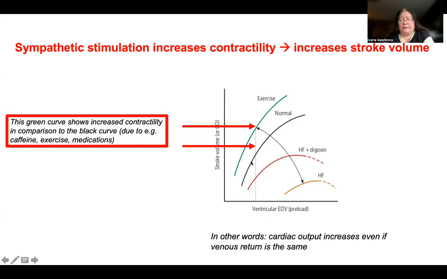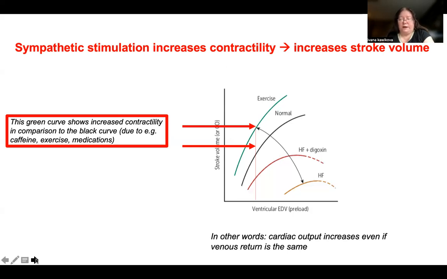But these curves may be different. This picture depicts increased contractility. With the same venous return, the same end-diastolic volume in the ventricle, the heart, because of stronger contraction, is going to eject a higher stroke volume.